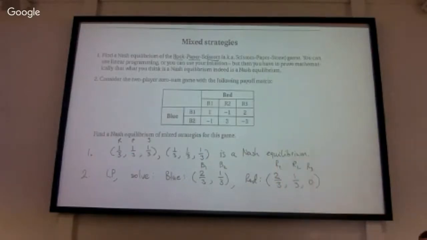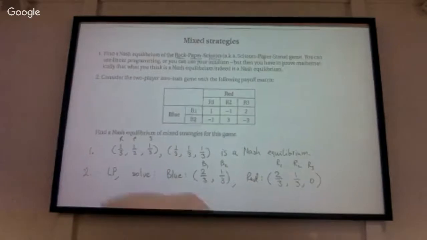But possibly there are other equilibria. I haven't quite checked that thoroughly. So this is definitely one that comes with the linear program. If the linear program has several optimal solutions, then each of them is going to be a Nash equilibrium. Good. So here you can say that the value of the game is 1/3.